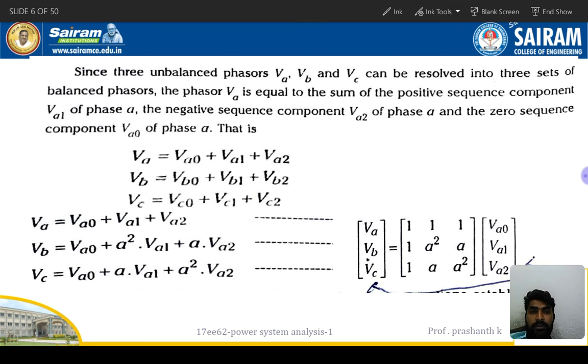So since there is an unbalanced phasor, VA, VB and VC can be resolved into three sets of balanced phasors.